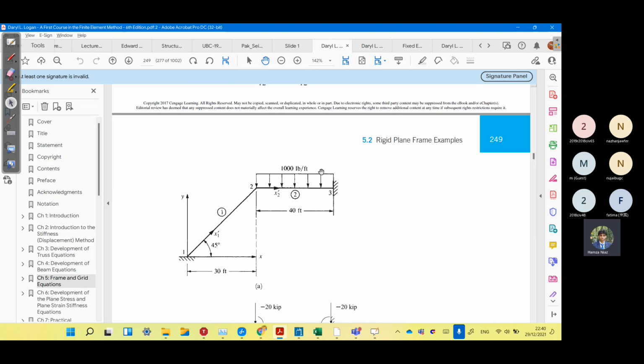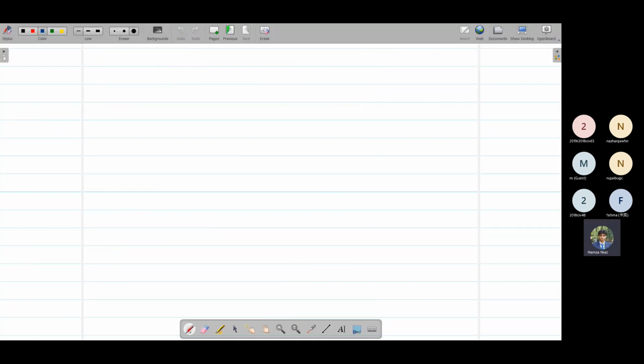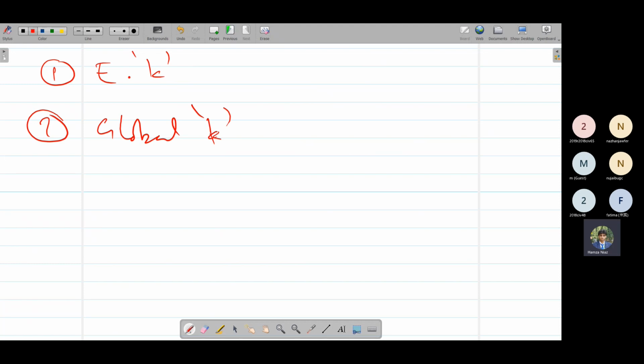For this, first we have to follow the steps. First, we have to calculate the elemental stiffness matrix. Secondly, we have to calculate the global stiffness matrix, using the direct stiffness method from the elemental ones. On the third step, we apply boundary conditions.